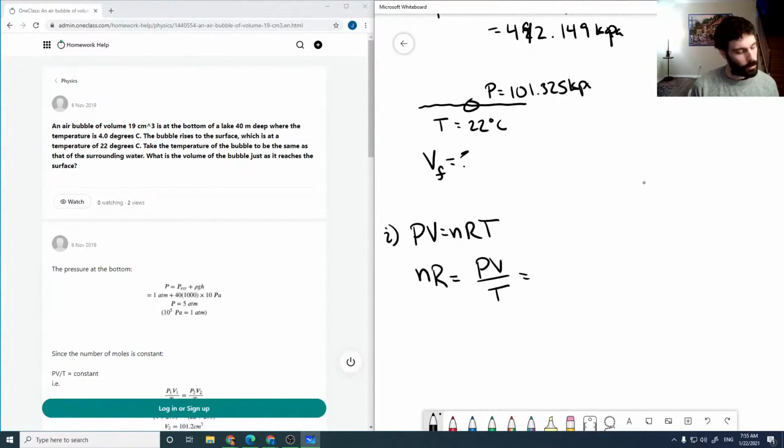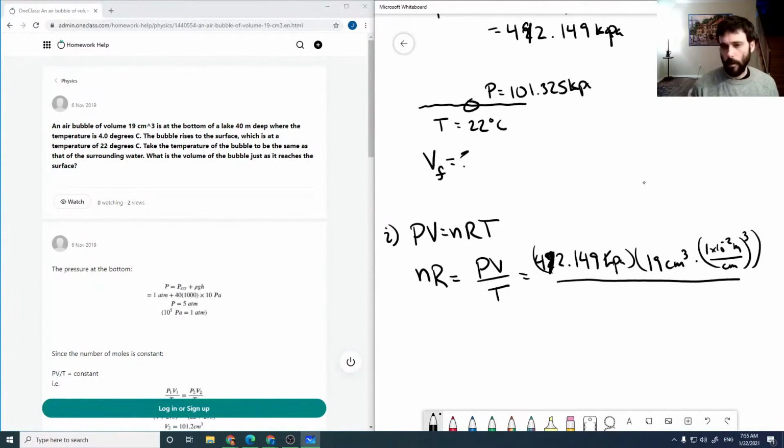So our pressure is 492.149 kilopascals times 19 centimeters cubed times 1 times 10 to the minus 2 meters per centimeter, cubed, over our temperature, which is 277.15 Kelvin.